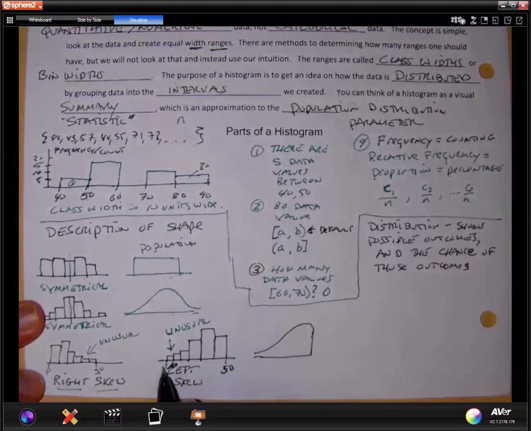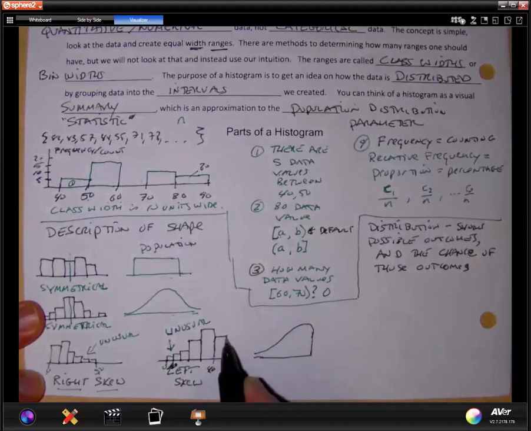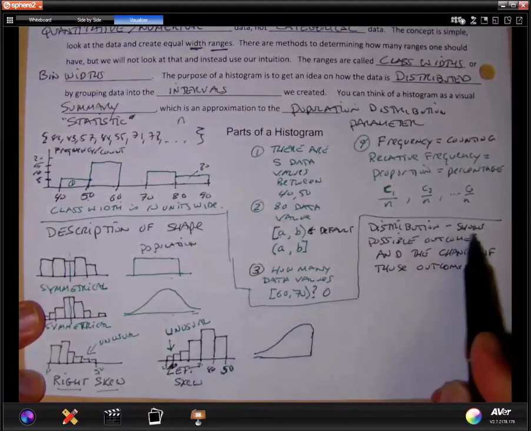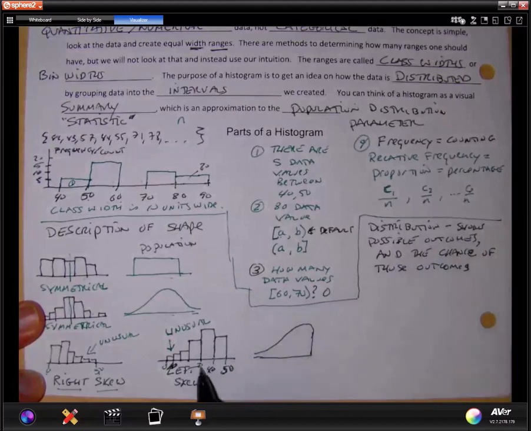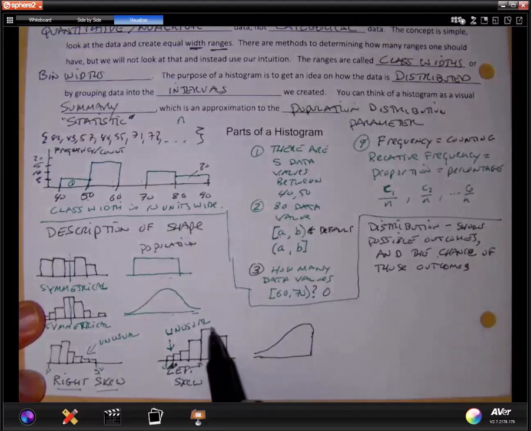I can see that between 0 and 10 is not very likely, but let's say this is 40. Between 40 and 50, oh, pretty likely, and between 30 and 40, also pretty likely. So the distribution shows the possible outcomes. Yes, you can get between 30 and 40. And the chance of those outcomes, meaning yes, between 30 and 40, there's a good chance I'm going to get a number in that region. Well, it is possible to get a number between 0 and 10, but not as usual. Okay, so that's what a distribution does.